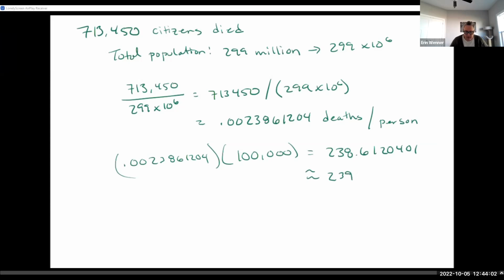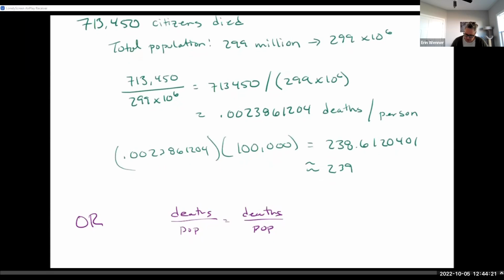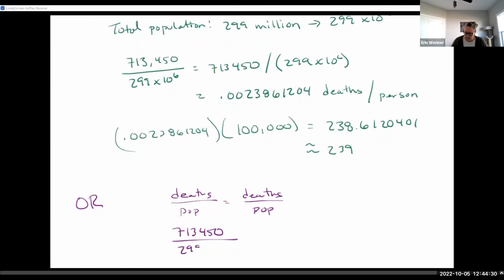An alternative way to solve this is you could say deaths over population equals deaths over population, meaning if we set up a proportion, we can have 713,450 deaths and a population of 299 times 10 to the 6th equals X number of deaths out of a population of 100,000.